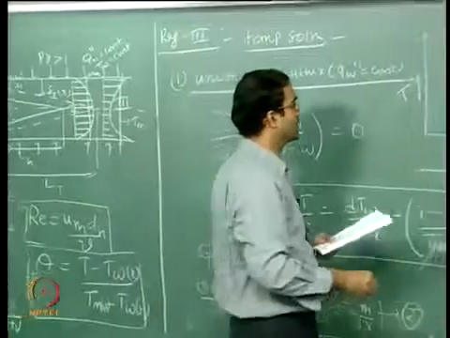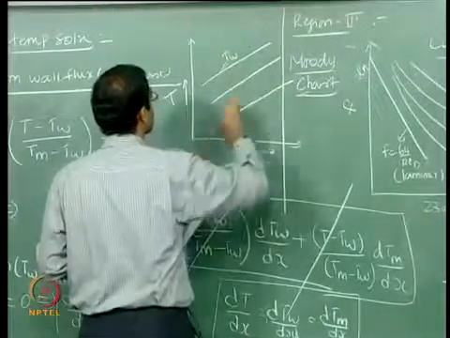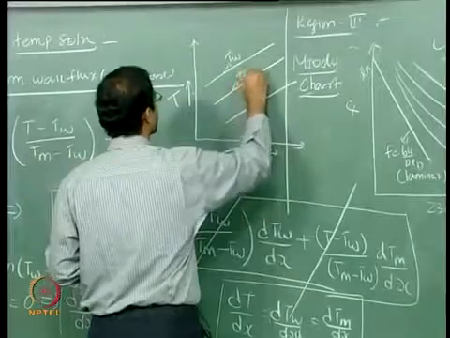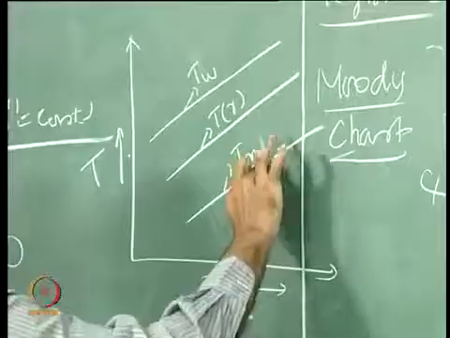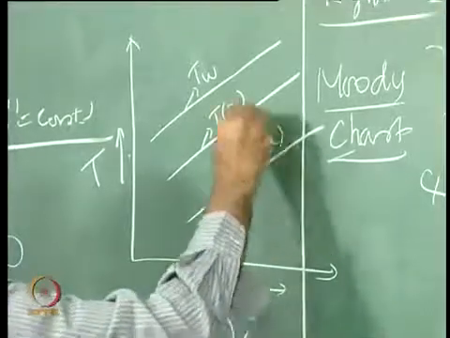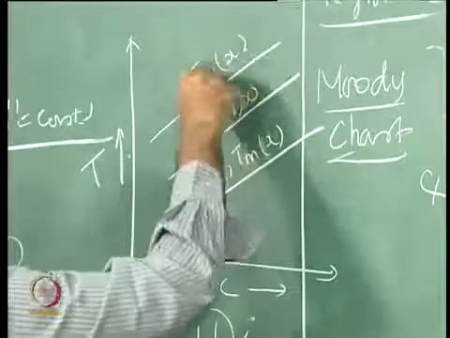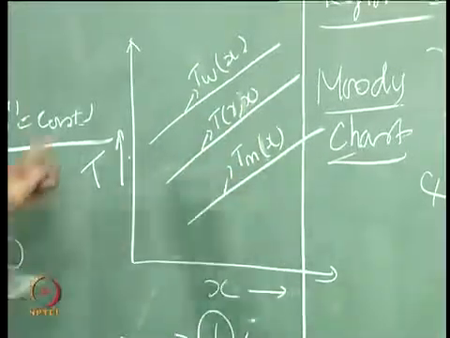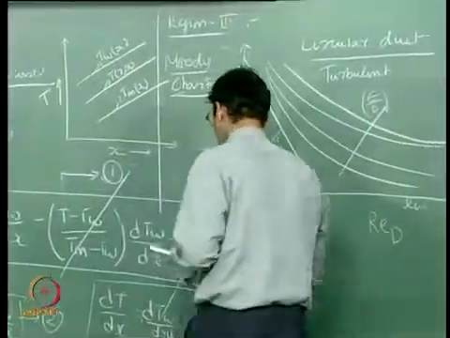So you can say this is your T wall, this is maybe T at some radial location, and say this is your T mean. This is a function of x, this is a function of r and x, this is a function of x, but all of them in the fully developed region will be linear, and the slopes are identical.